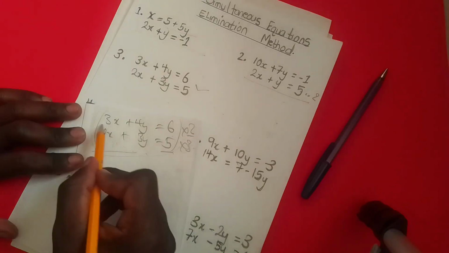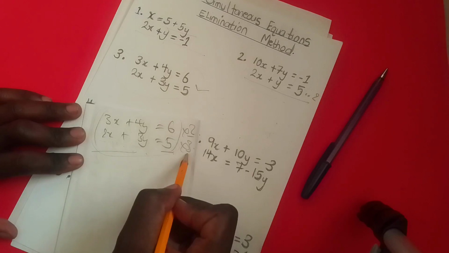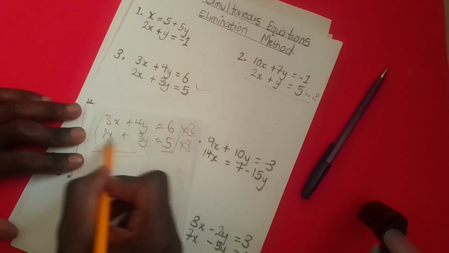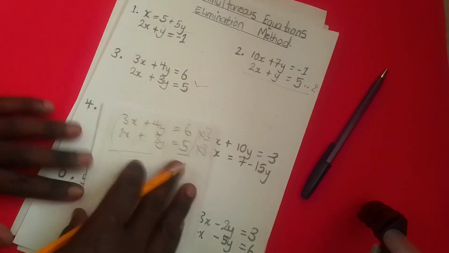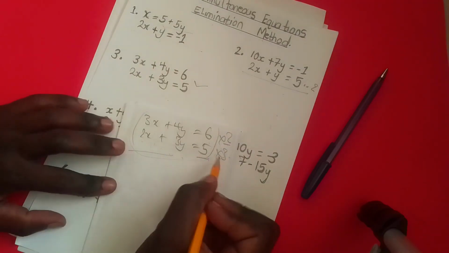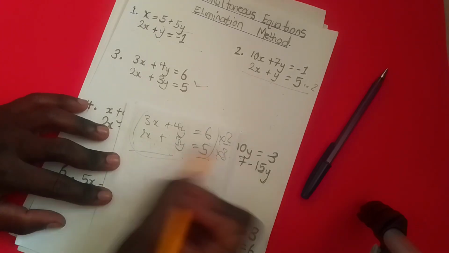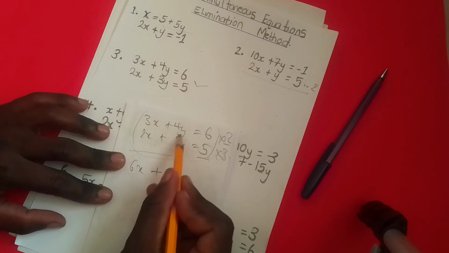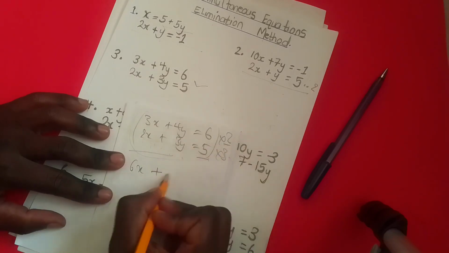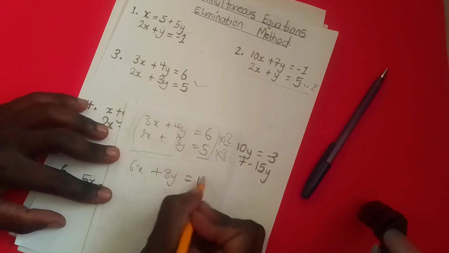Each and every term in equation 1 you multiply by 2, and each and every term in equation 2 you multiply by 3. Now we begin the multiplication. 3x times 2 is 6x, plus 4y times 2 is 8y, equal to 6 times 2, which is 12.